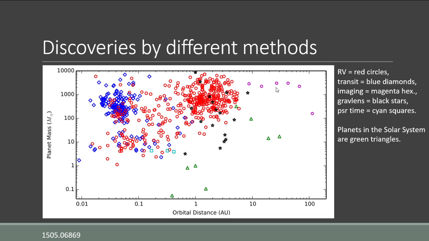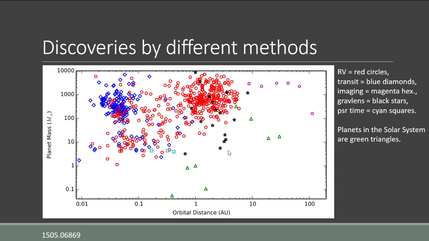And here we see planets discovered by direct imaging. Then lensing. Lensing is effective because you find the planet very rapidly. You don't need repetitions, and it allows you to find planets at larger distances.